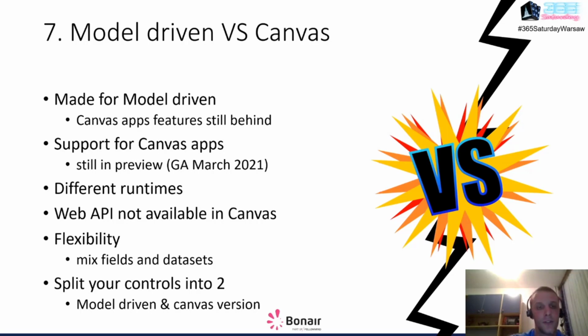So you can't use the out-of-the-box Web API part. You will lose a lot of time to implement Web API just for your Canvas. So keep that in mind.